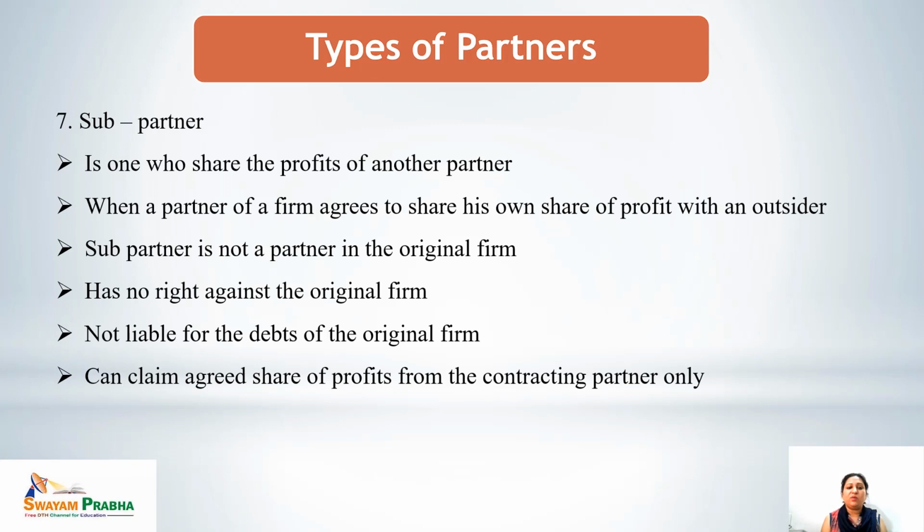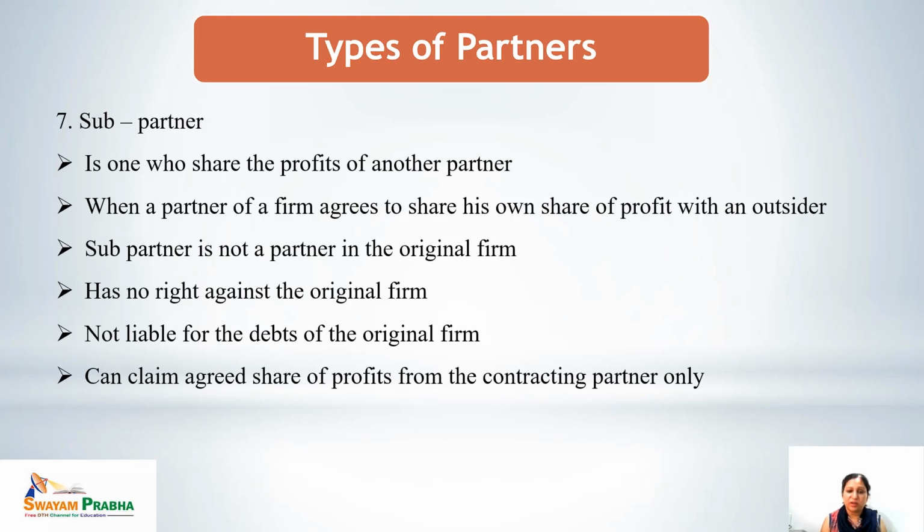Sub partner: when a partner shares his profits with another person, that person is known as the sub partner. A partner of the firm agrees to share, and this agreement of sharing the profit may be with an outsider who is not a partner of the firm.